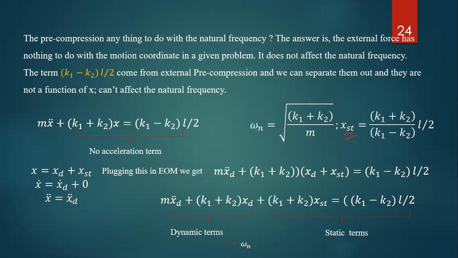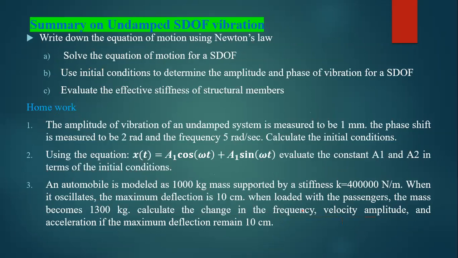So x double dot equals x dynamic double dot. Substituting into the equation, we are proving whether it affects our system or not. By substituting, we get the dynamic part here and the static constant part here. From this relation, x static equals (k1 minus k2) L over 2 over (k1 plus k2). That is the static term.